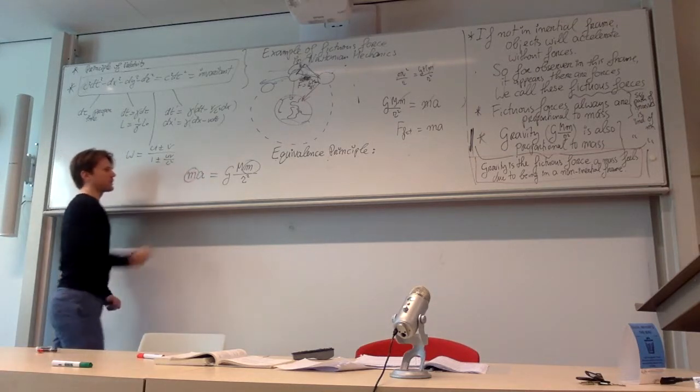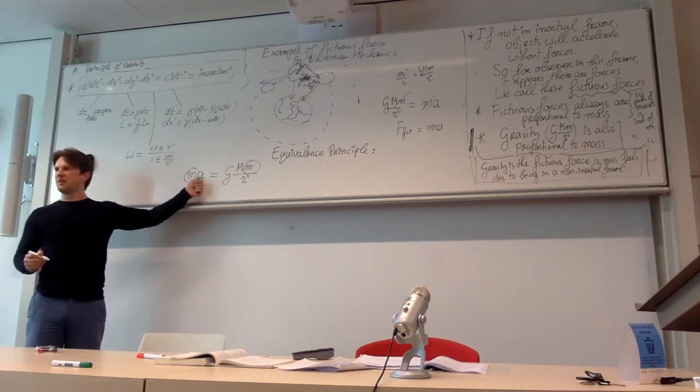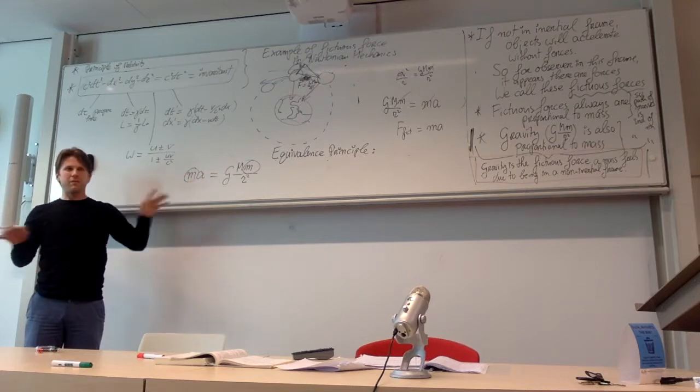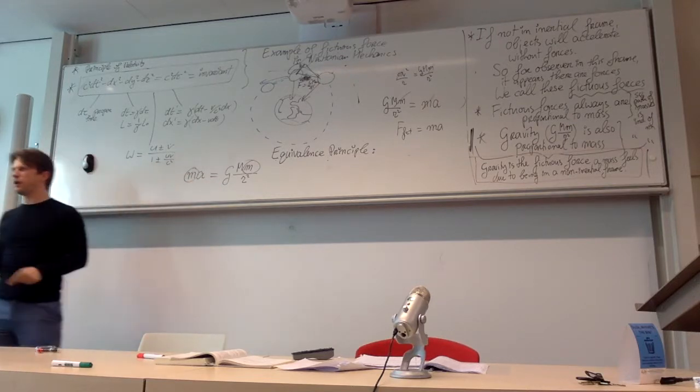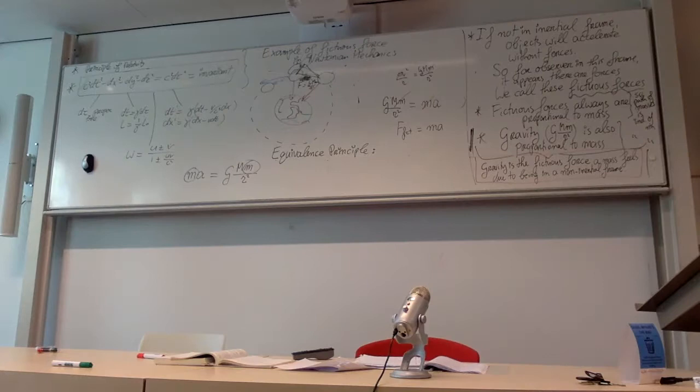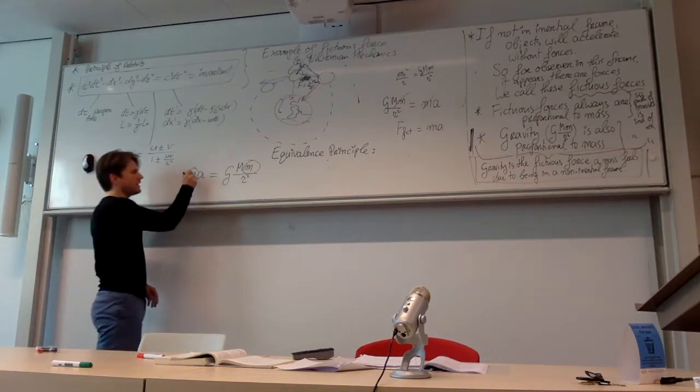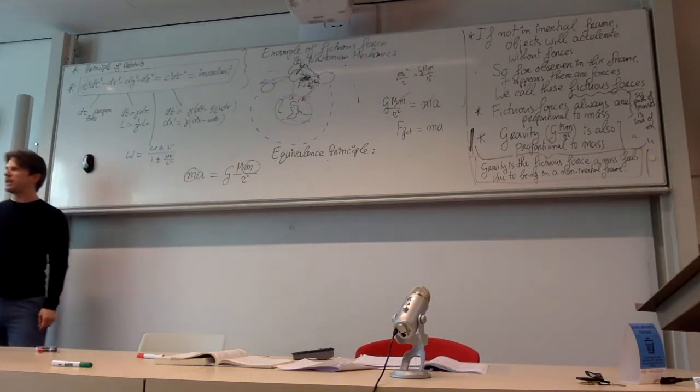This number m tells you how strongly my mass is trying to resist acceleration. That's two completely different things. One mass tells you how strong gravity is pulling, the other one tells you how strongly you don't want to accelerate. It is not obvious whatsoever that this number is the exact same numerical value as that number.